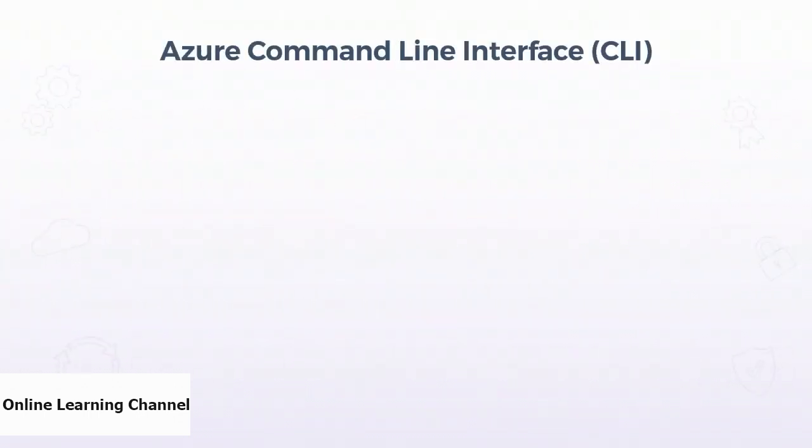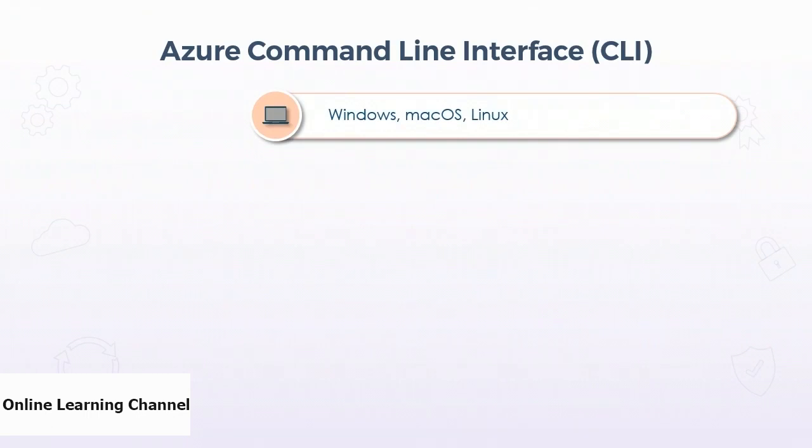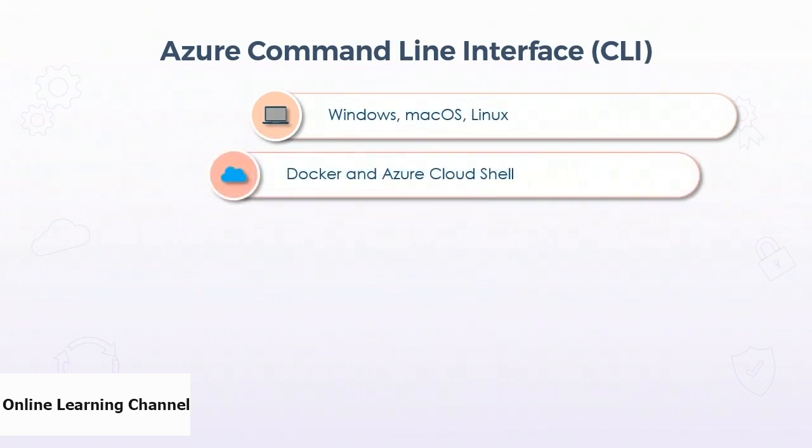The Azure command line interface is available for Windows, Mac OS, and Linux, and it supports Docker and Azure Cloud Shell. So we can start pushing out Docker images and Azure Cloud Shell images using our Azure command line interface. We don't have to go into the portal.